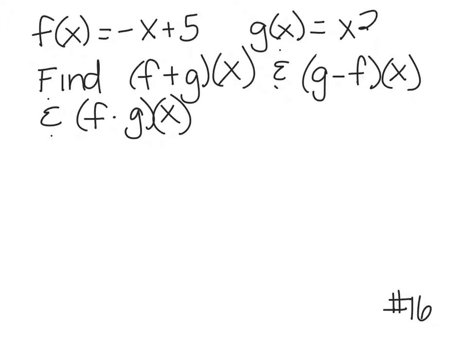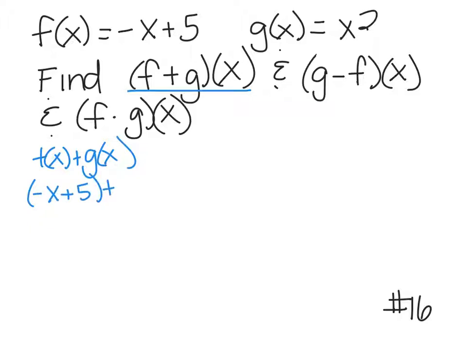All right, so this one, it's asking you to add these functions, subtract f from g, and multiply them. This is what it's going to look like. Let's start here. f plus g of x. What I'm really looking for is f of x plus g of x. So f of x is negative x plus 5. g of x is x squared. Notice how I use parentheses for each.